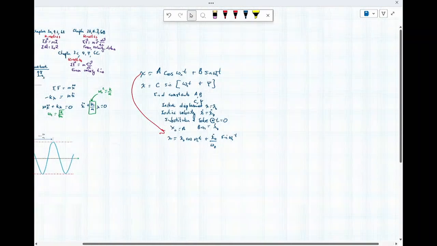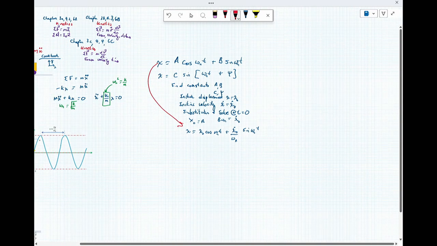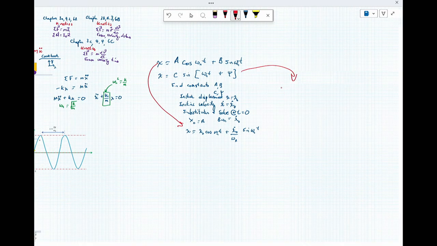So, if I want to go another way and solve for C and psi, given A and B, then what I'll do is x naught equals C sine psi, x dot naught equals C omega n cos of psi.